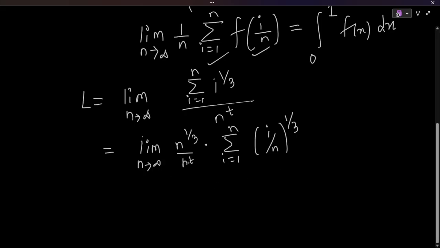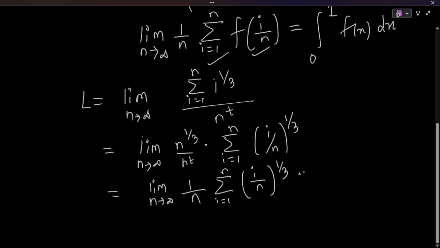Now we also need a 1 by n, so let's do that as well. We have 1 by n, summation i equals 1 to n, i by n to the power 1 by 3, multiplied by everything together. So you multiply n, you multiply n to the power 1 by 3, and you divide by n to the power t.